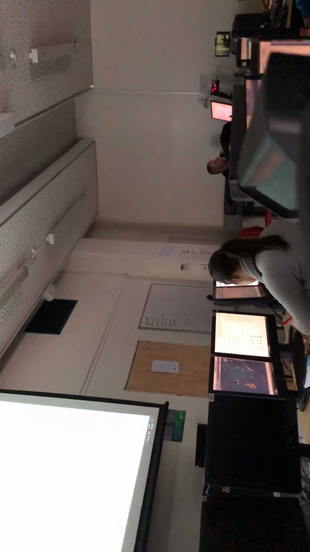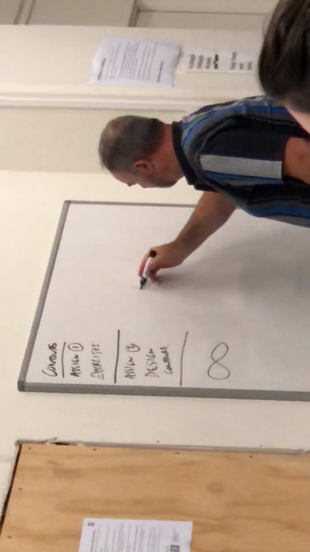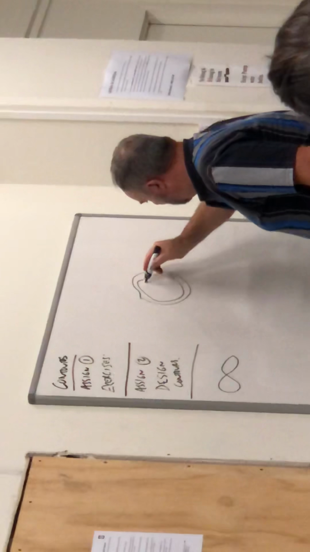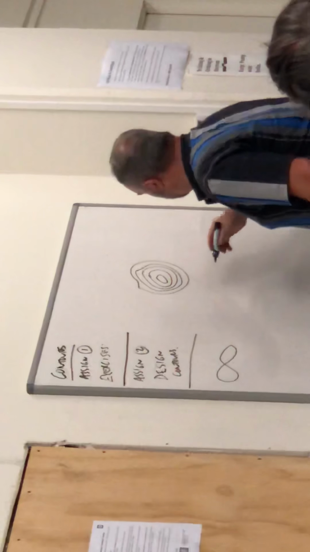Okay, so contours that look a bit like this. Now your first thoughts are that that's from a mountain, right?